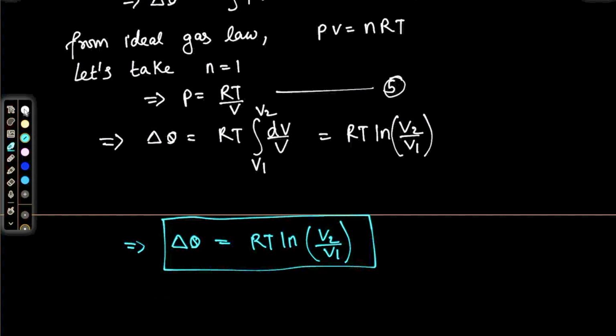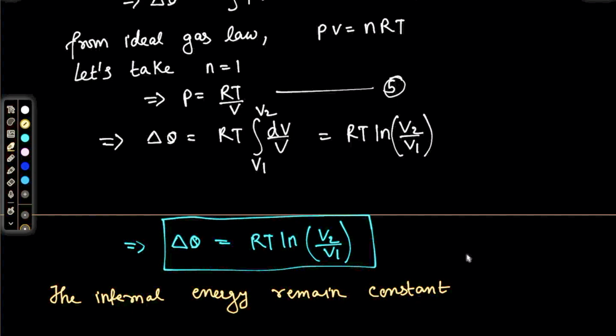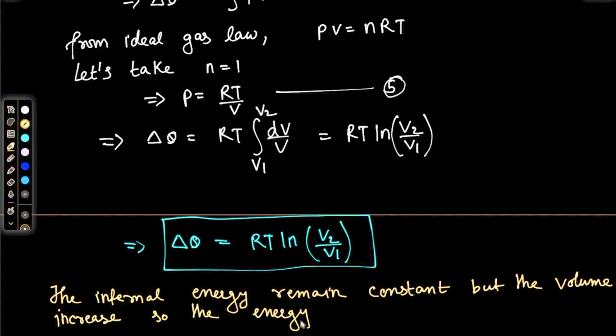We can write this: the internal energy remains constant, but the volume increases, so the energy density goes down.